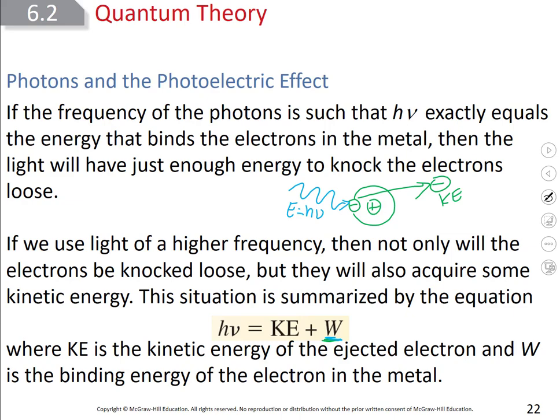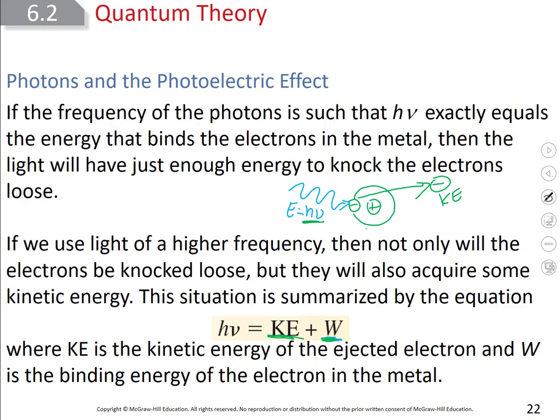So energy, as we learned back in the last chapter, has to be conserved, cannot be created or destroyed. So what we have here is the energy that was absorbed from the wavelength equal to the sum of the kinetic energy of that electron and the binding energy that was left with the atom.